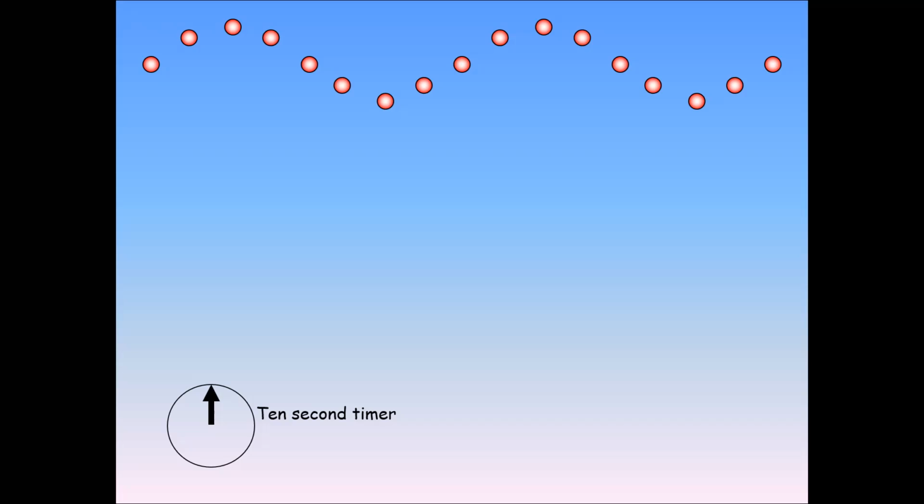How many vibrations are there in 1 second? In 1 second, how many times does it go up and down? That's called frequency. I'll start the timer now, and you will count how many times it vibrated.